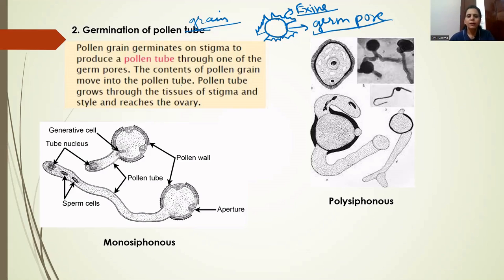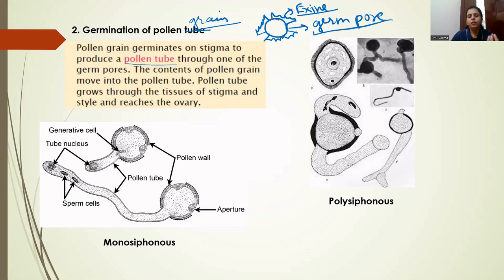During this step, the pollen grain which has fallen on the stigma is of the right type, so it germinates, and through the germ pore the pollen tube forms. The pollen tube grows out of the germ pore.